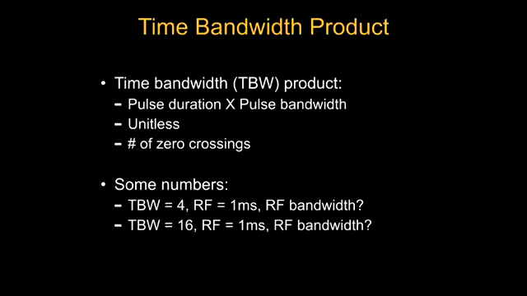16 kilohertz, right? So what that means is nothing is free. If you want a high time bandwidth product but you don't want a long RF pulse duration, then something needs to be high. In other words, if you're using the same RF bandwidth, then the RF duration is much longer for a given time bandwidth product. Okay?